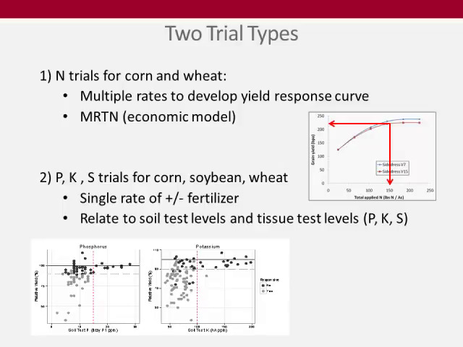Relative yield is defined as the unfertilized yield divided by the fertilized yield, times 100. If it's 1-to-1, with no difference, your relative yield is 100%. If it's 70, it means you took a 30% hit. Then we identify that critical level. This is how it was done for the original Tri-States, and we're hoping to continue this approach moving forward.